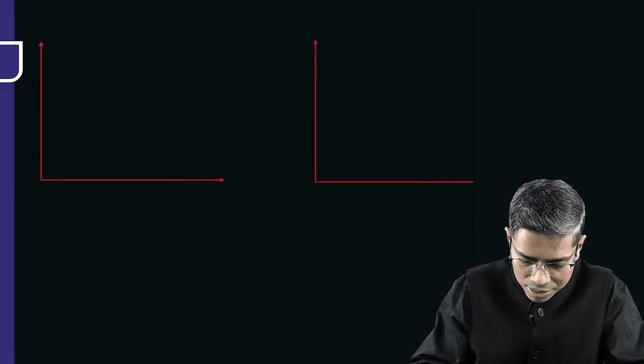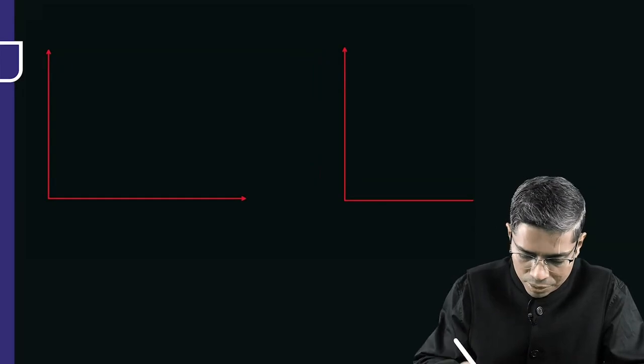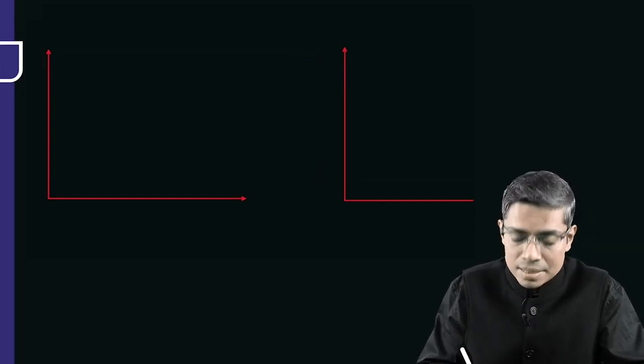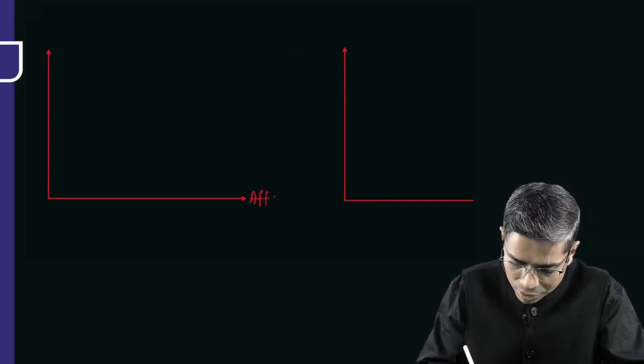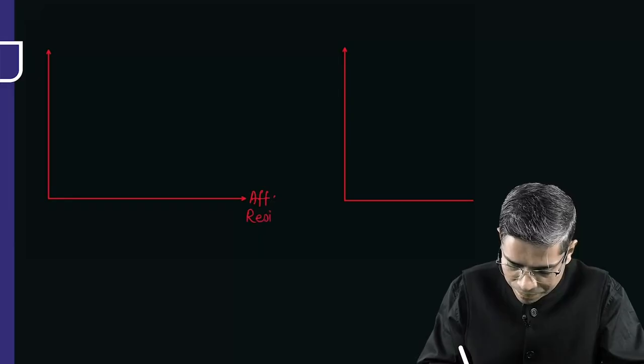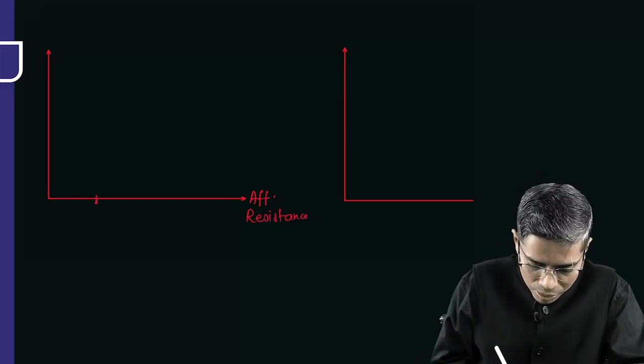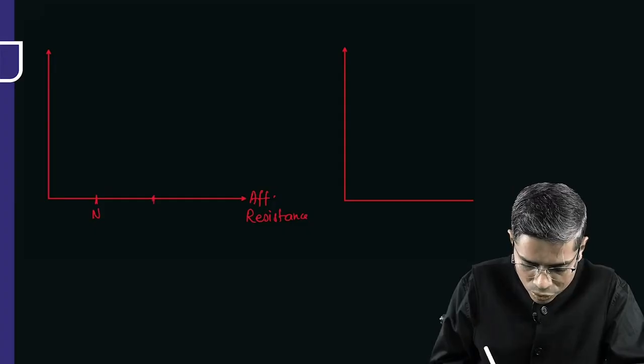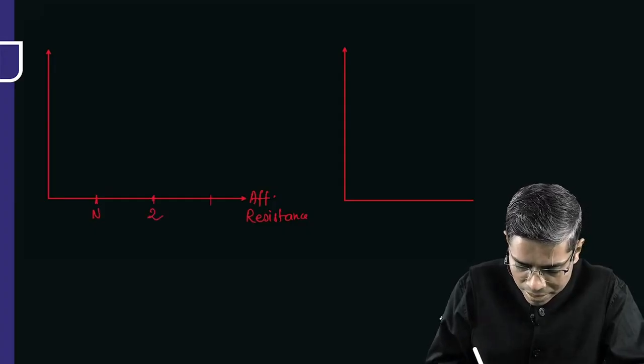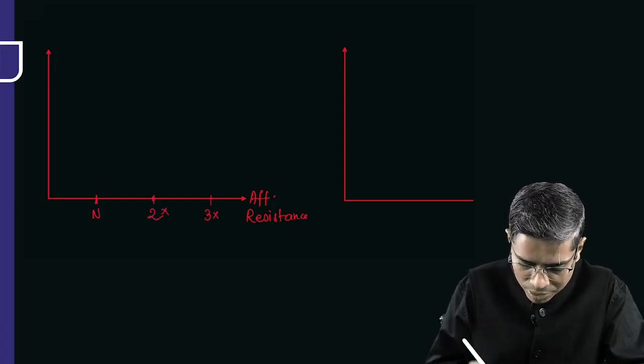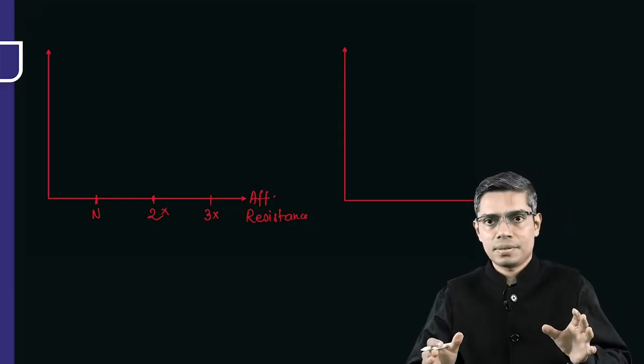So if I cause constriction of the afferent arteriole, the x-axis is afferent arteriole resistance. Suppose this is the normal resistance, this is twice the normal, and this is three times the normal. Getting my point? Resistance.